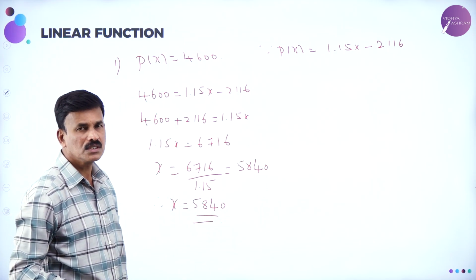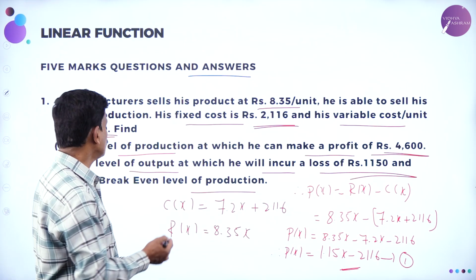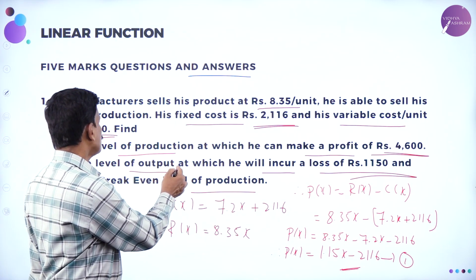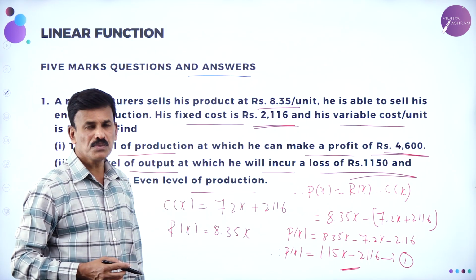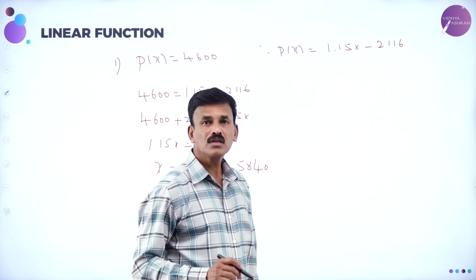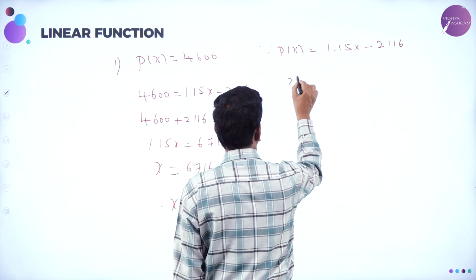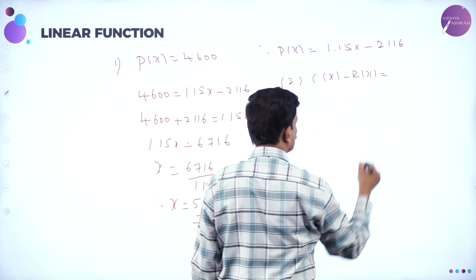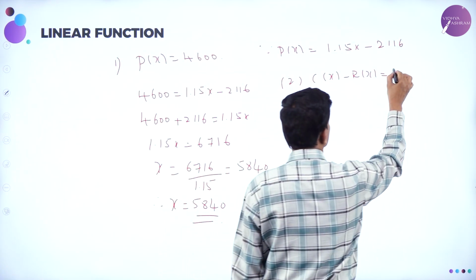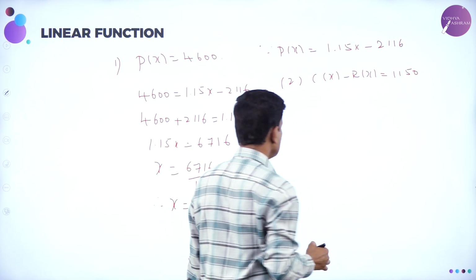Hope you followed. Okay. Now move on to the second condition. What is the second condition? The level of output at which he will incur a loss of rupees 1150. Now the second condition is C of x minus R of x is equal to 1150, the loss. Now what is C of x?